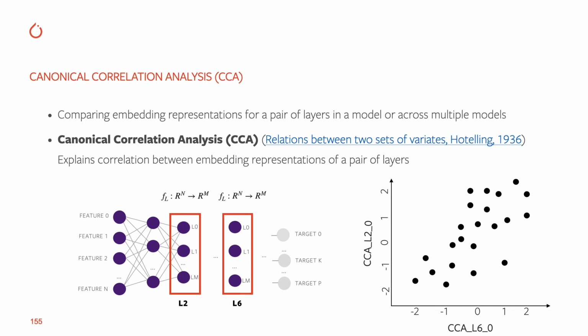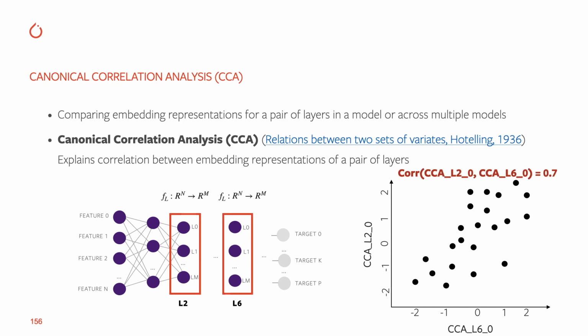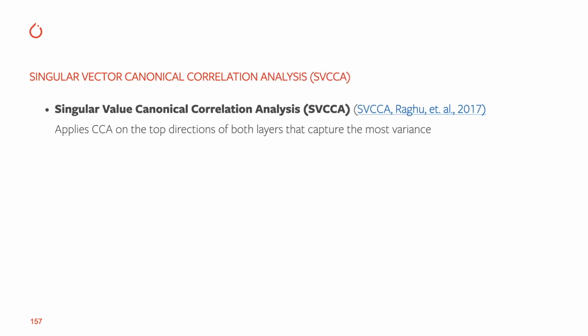On this slide, on my right side, we can see two top CCA directions that explain the highest correlation between layers L2 and L6. After computing CCA directions, we can compute the correlation among them using a simple correlation metric such as Pearson's linear correlation metric.